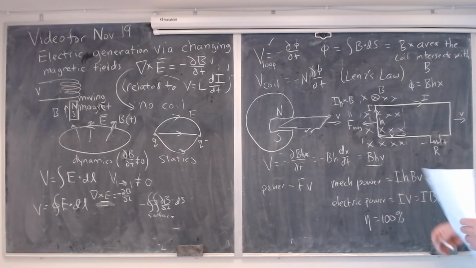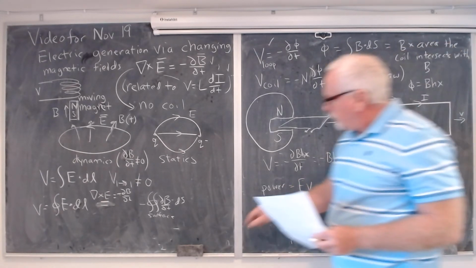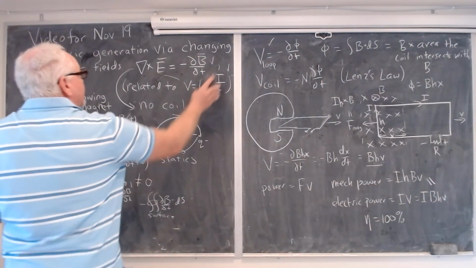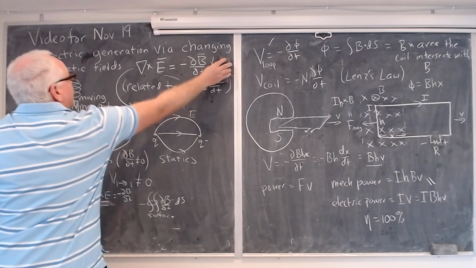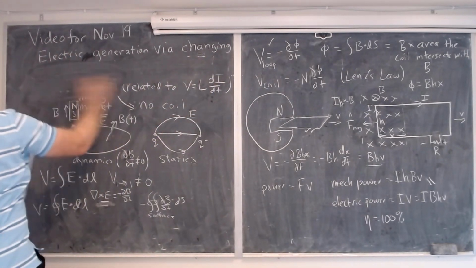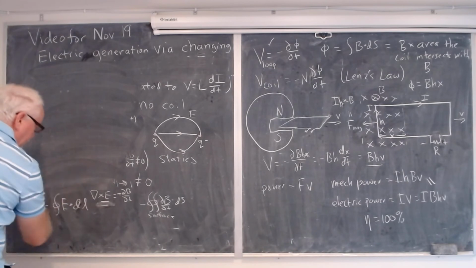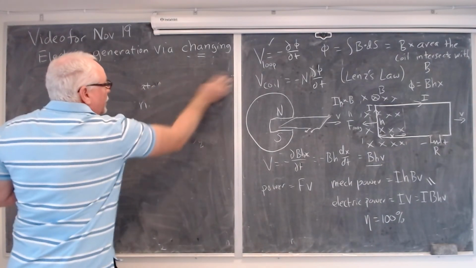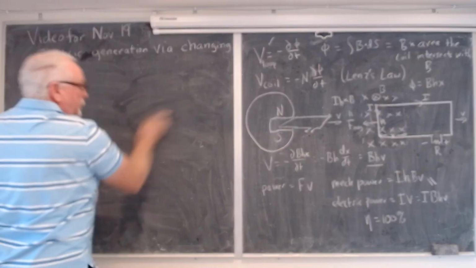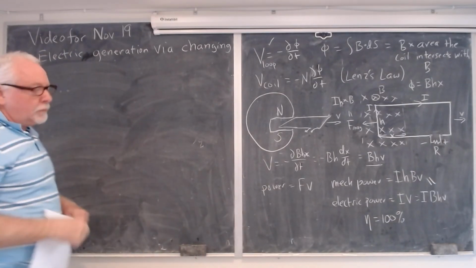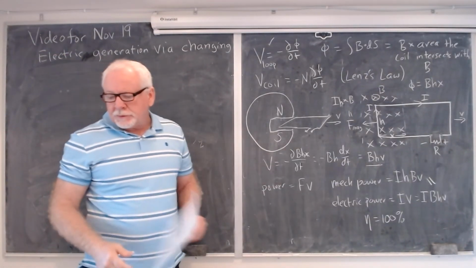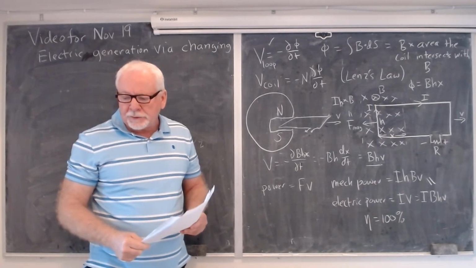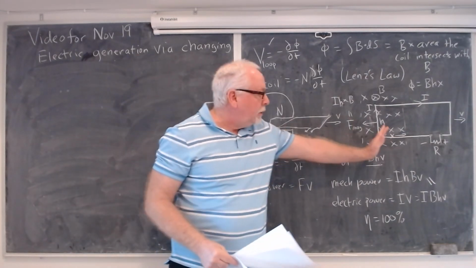All right, so that's great. I'm going to go over here now and I'll erase this part. I'll leave that part there. Now, clearly, this linear generator is not very nice, because once you pull it out, you're done.